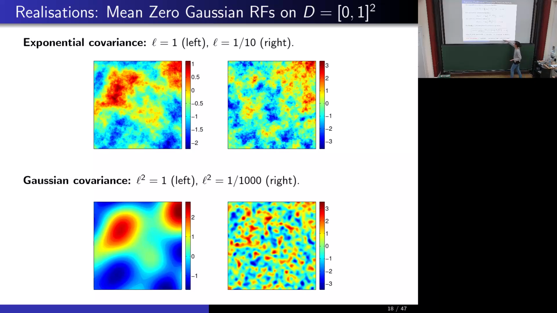In other words, it's a higher value of Q. Exponential covariance tends to give you very low regularity. Hopefully you can see that the fields at the top, a pair of spatial samples, are rougher than the random fields that I have down here.